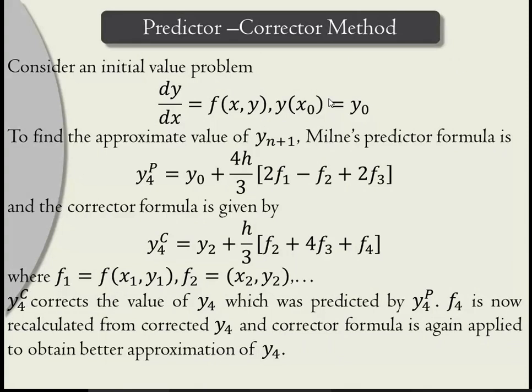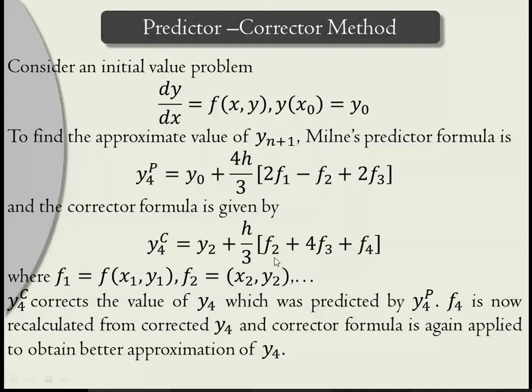Making use of that, firstly we have to find f1, f2, and f3. Then, using this formula, we predict the value for y4, which we call Milne's predictor formula. Then this is a predicted value. Making use of the next formula, we try to correct this value. For that we use f2, f3, and f4.